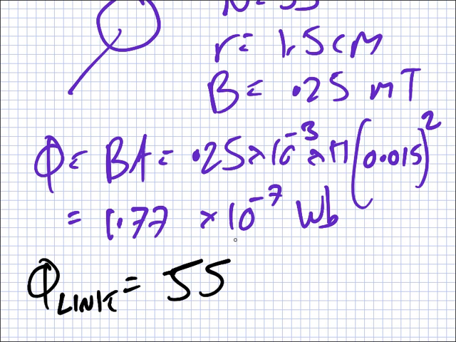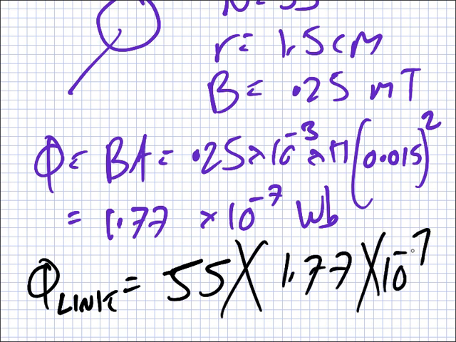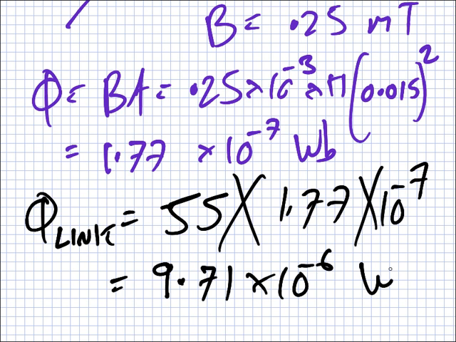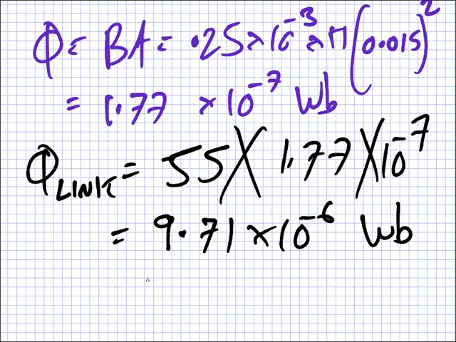So that's just times 55. 9.71 times 10 to the minus 6. Micro Webers. Okay, next.